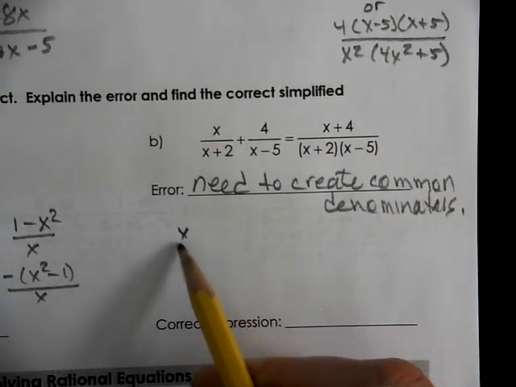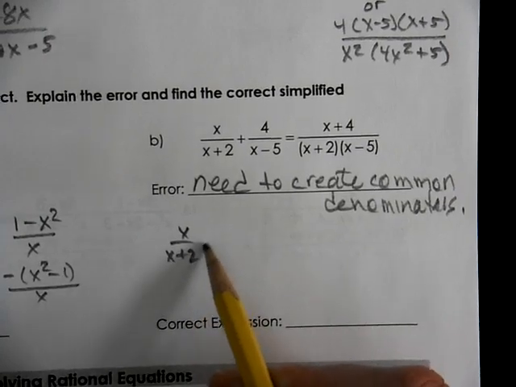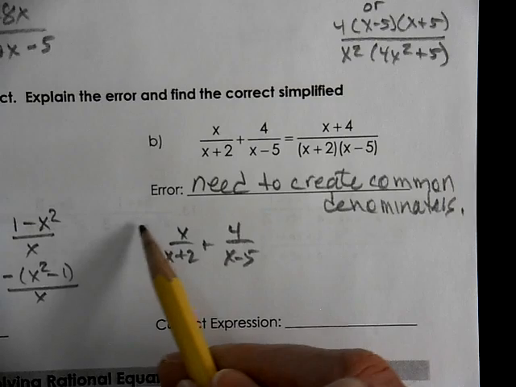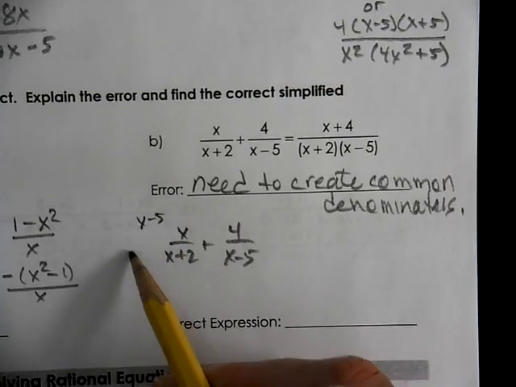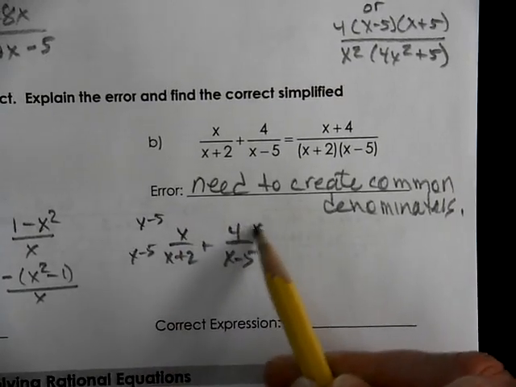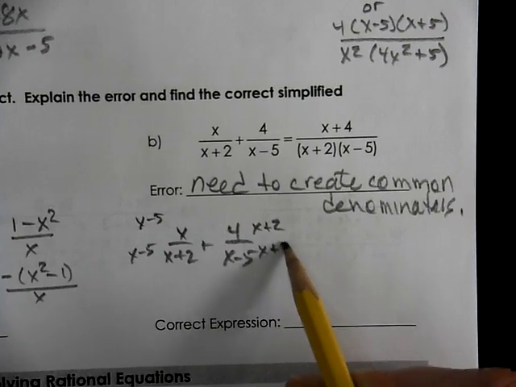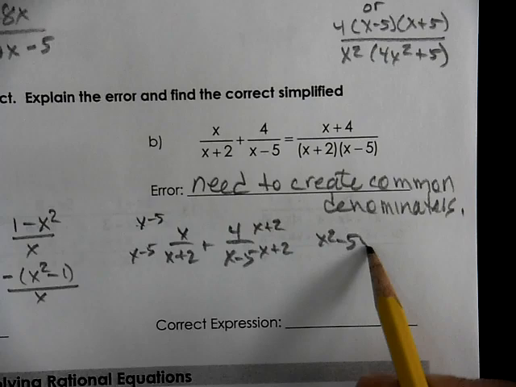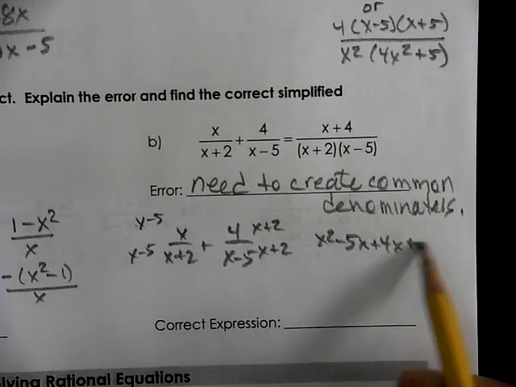So we'd have x plus 2, and 4, x minus 5. So we're going to say x minus 5, x minus 5, x plus 2, x plus 2. That gives us x squared minus 5x and 4x plus 8.